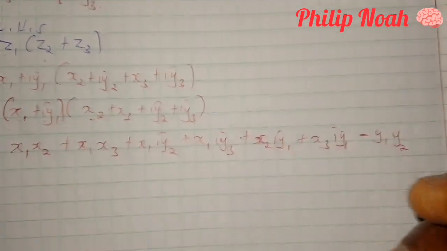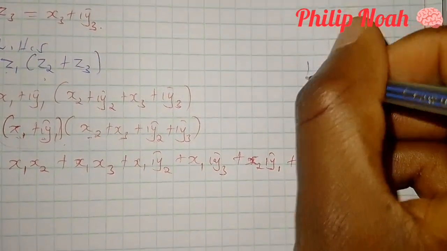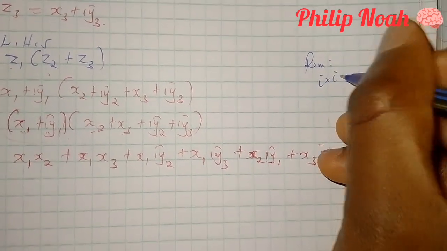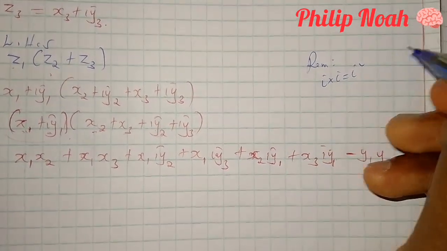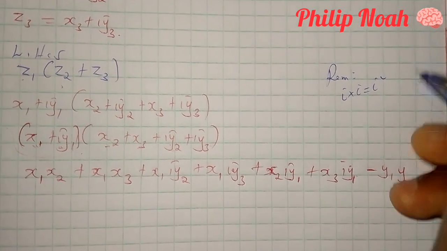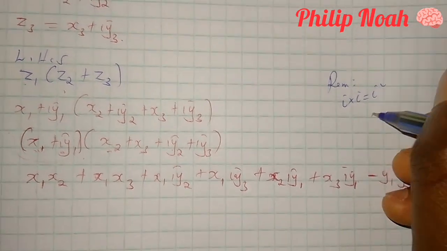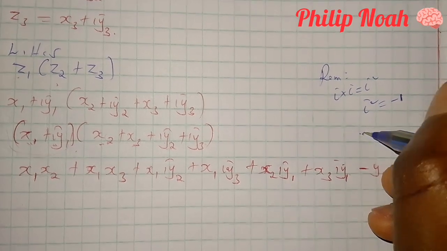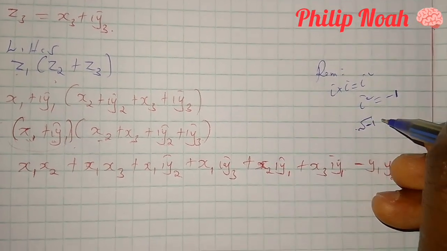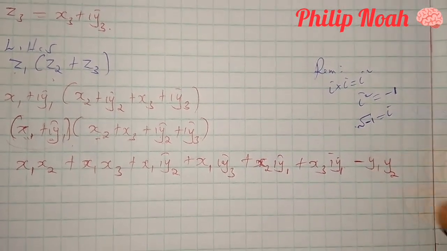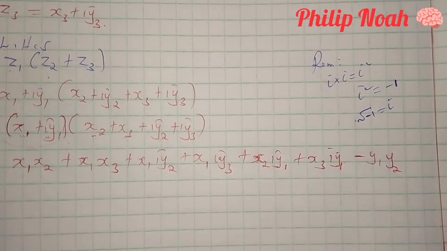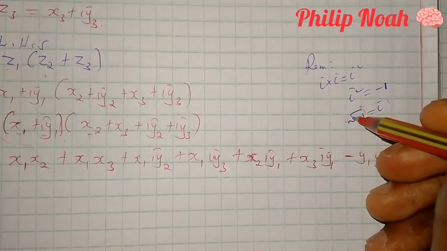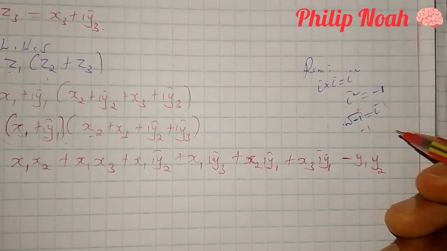Remember that i times i is i squared, and i squared is equal to negative 1. Remember, the square root of negative 1 is i. Meaning that if we square this, the square goes with the square root, we remain with negative 1.